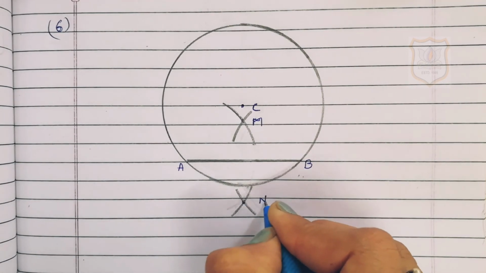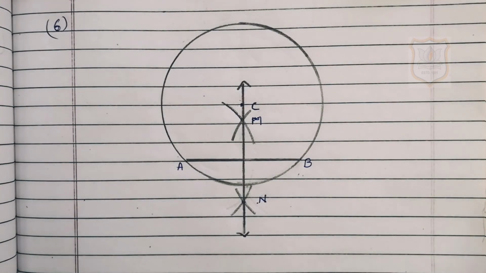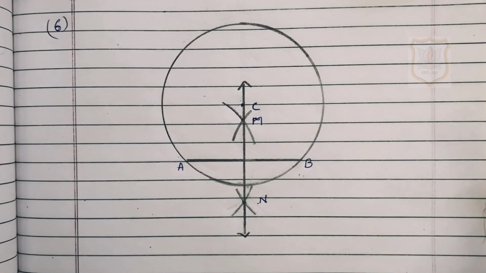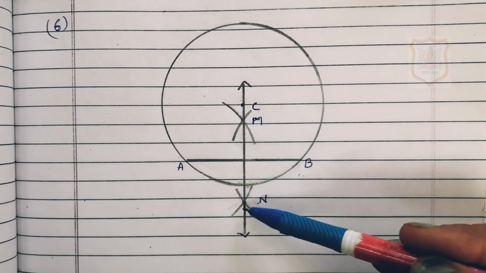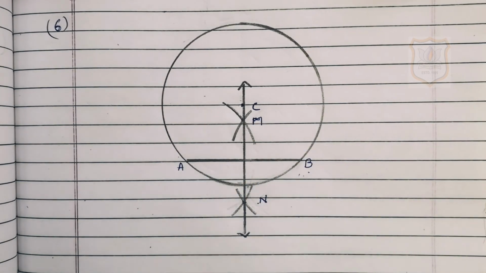and N. Now step number 5 is we have to join these 2 points M and N with the help of a ruler. So students, in this way we have to join MN. Now students, line MN is the perpendicular bisector of chord AB.